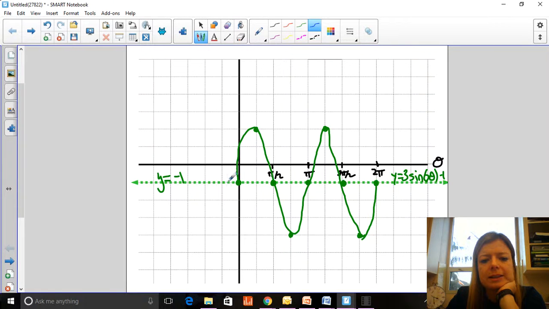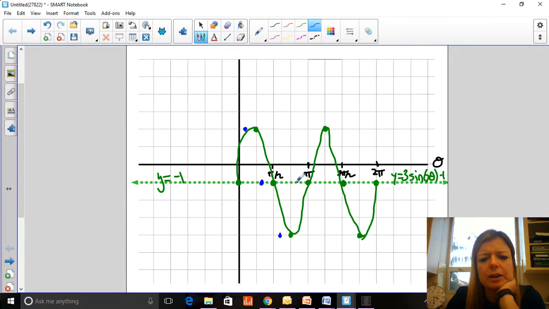Well, it's 2/3 of the way. So this will be moving over to here. I don't need it because it's less than 0. It only told me to graph between 0 and 2 pi. So this will be moving over not a full pi over 4, but just a sixth, about here. This will be moving here. This will be moving here.